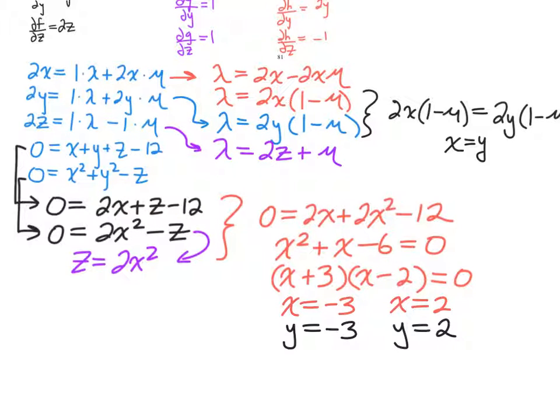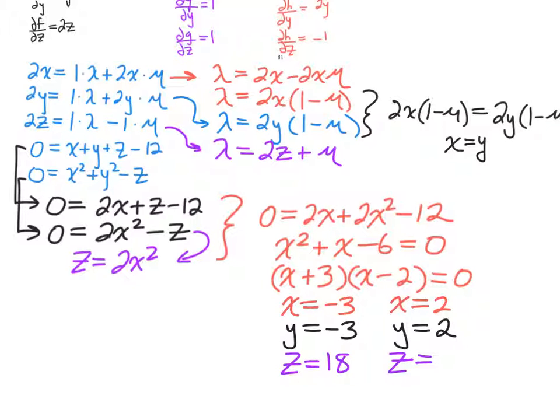And we also know how to get z, because we have a bunch of different relationships, but the most useful one here is that z is equal to 2x squared. Right, so I'm going to take my x value, square it, so 9 times 2 is 18. Right. So z would be equal to 18.